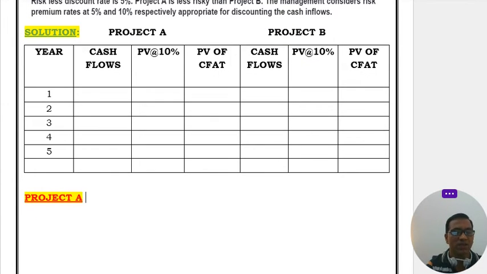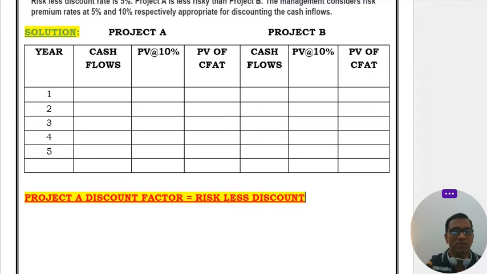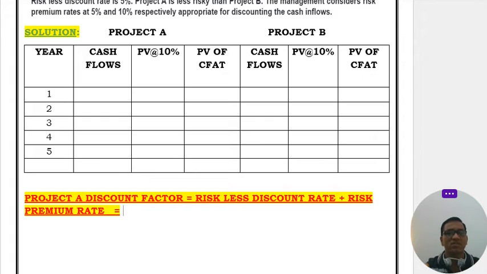Project A discount factor is equal to riskless discount rate plus risk premium rate. What is the riskless discount rate? 5% plus what is the risk premium rate for project A? 5.